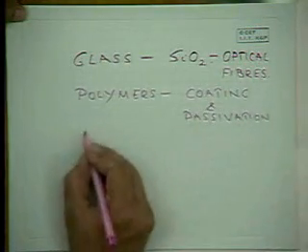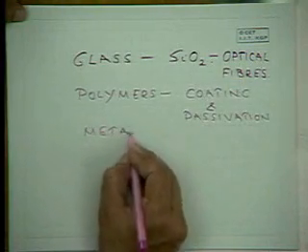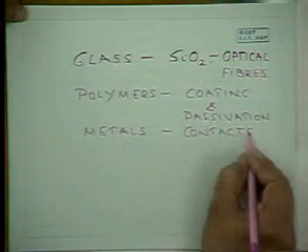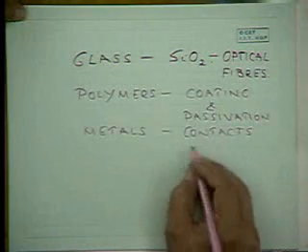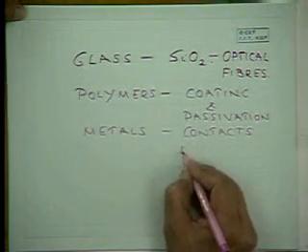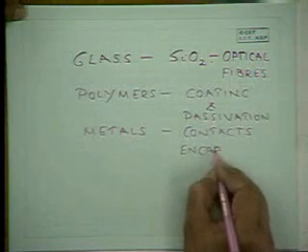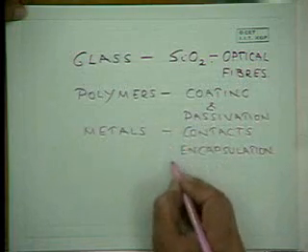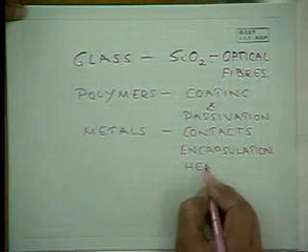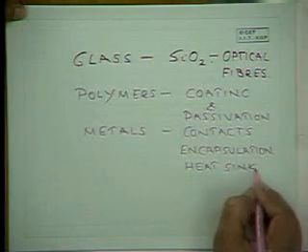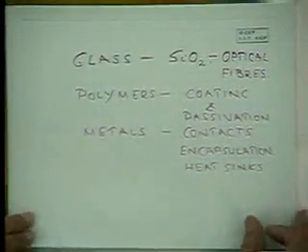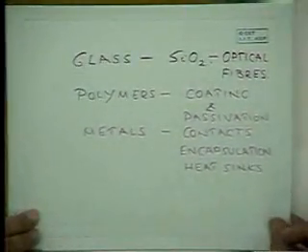And of course, a variety of metals which are used for contacts, encapsulation, and as heat sinks. So, optoelectronic materials encompass a whole variety of materials, the most important of which are semiconductors.